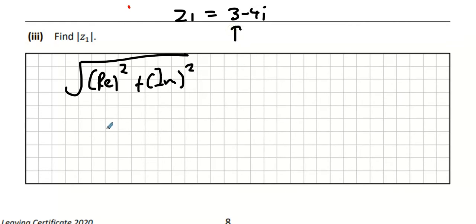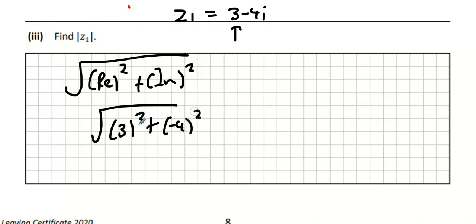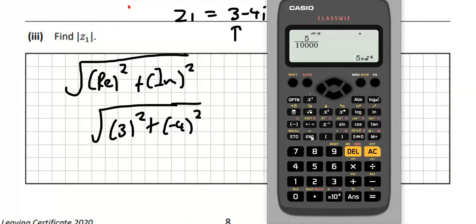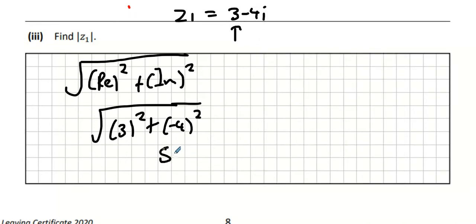The real part is 3, and the imaginary part is minus 4. Put all that into the calculator. 3 squared plus minus 4 squared, square root, 5. So the answer is 5.